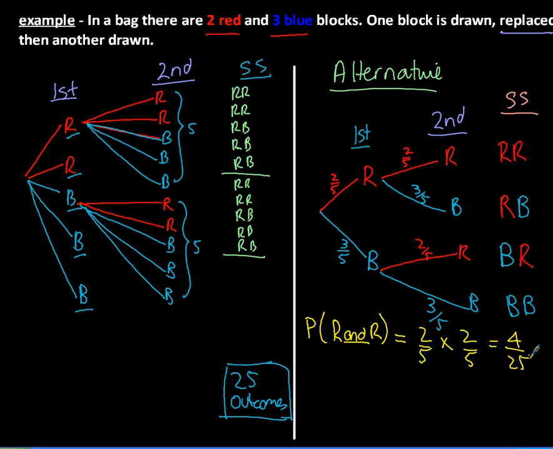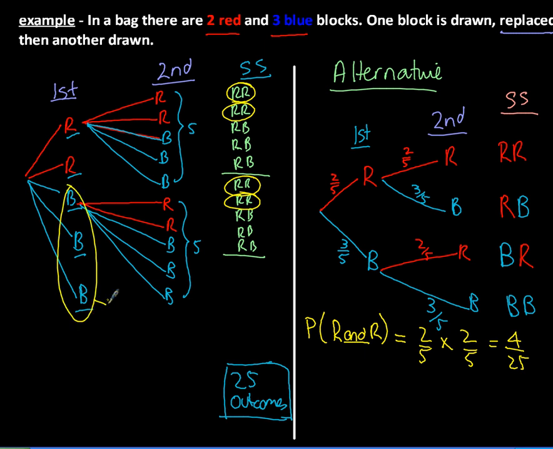Now, if I came over to this tree diagram here, let's see how many of those 25 outcomes would be red, red. We would have this one here, this one here, this one here, and this one here. What about the blues? Since the first one's blue, there's nowhere down here at all that we're going to have 2 reds.